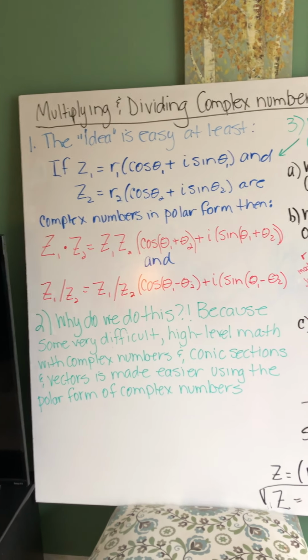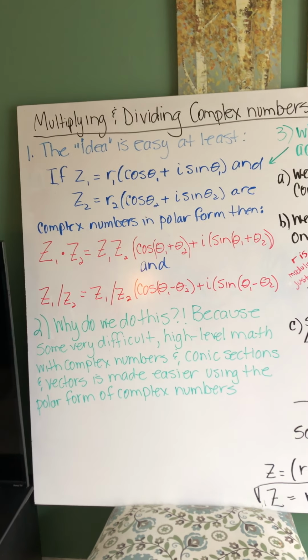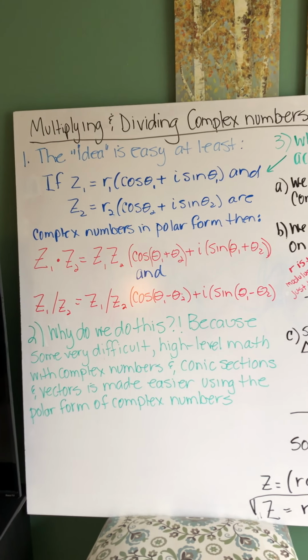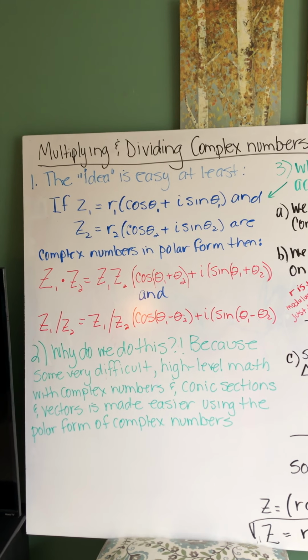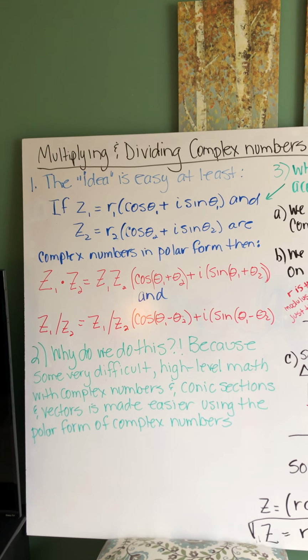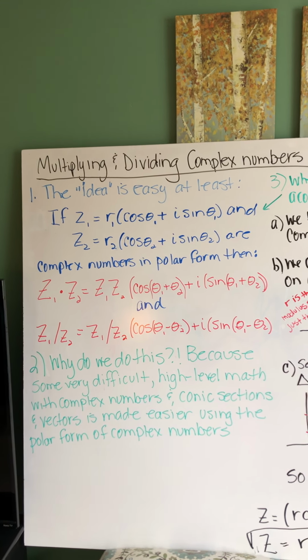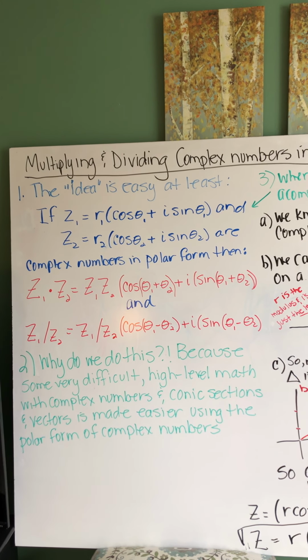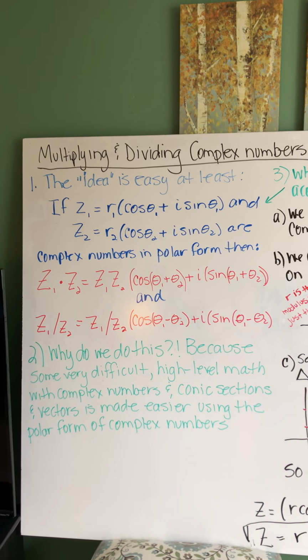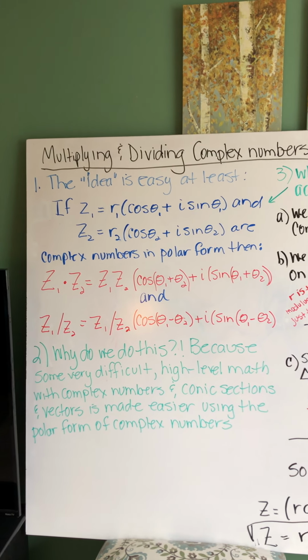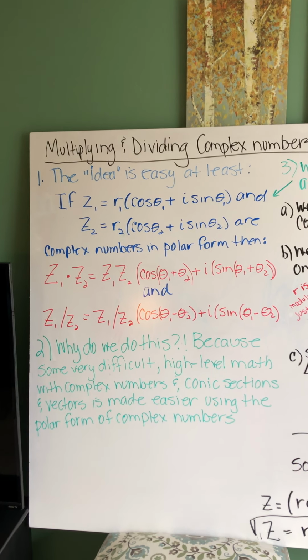How come when you have a complex number, they call complex number z, and you have a first complex number z1, that it equals r1 times cosine of theta 1 plus i sine theta 1. And let's say you have a second complex number z2, so we're looking at the top in blue here.